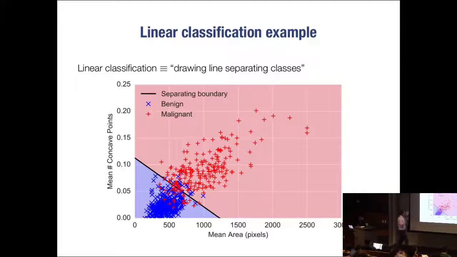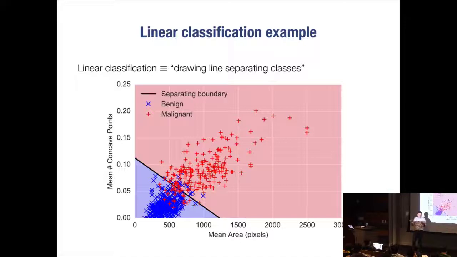We'll define this a little more formally when we talk about the actual math behind how we do classification. But conceptually, when we say linear classification, what we mean is we're drawing a line not to fit the data in the normal sense, because we're not predicting one of these from the other, but we're fitting a line to separate one class from the other class. And that should be your mental model.